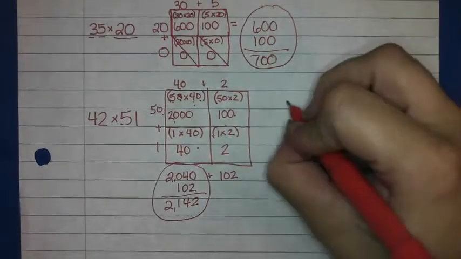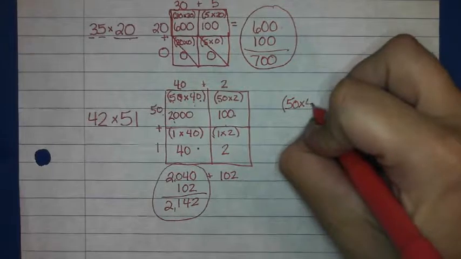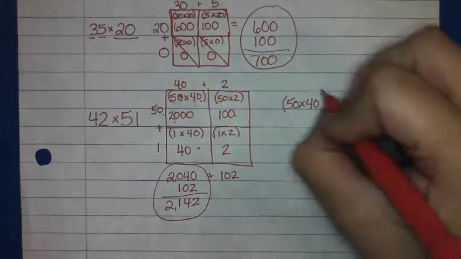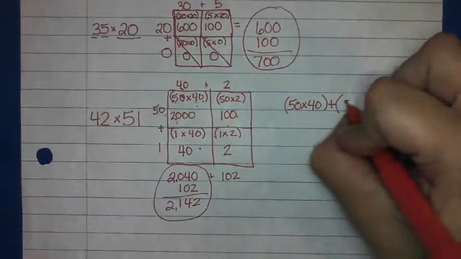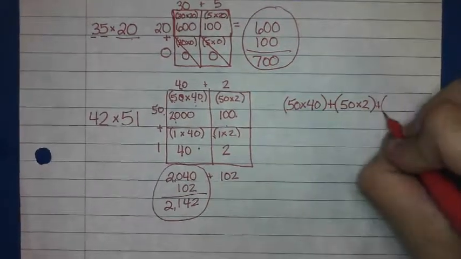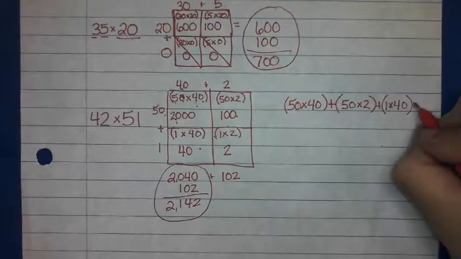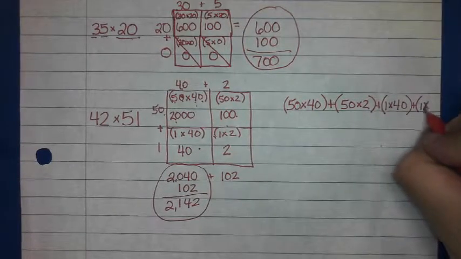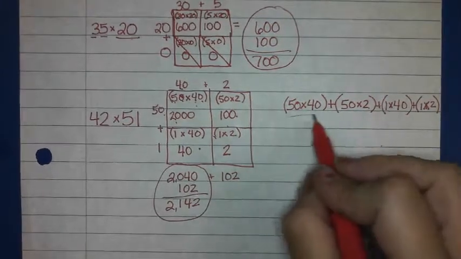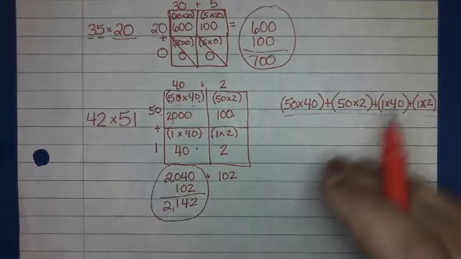For example, if we were to write all of these equations down, so there's our first equation plus our second equation plus our third equation plus our last equation. This is our distributive equation for that problem. And they might see this a couple ways.